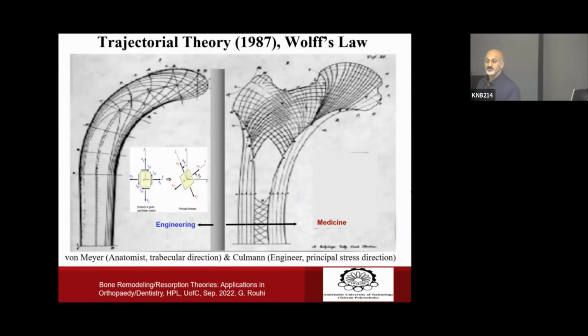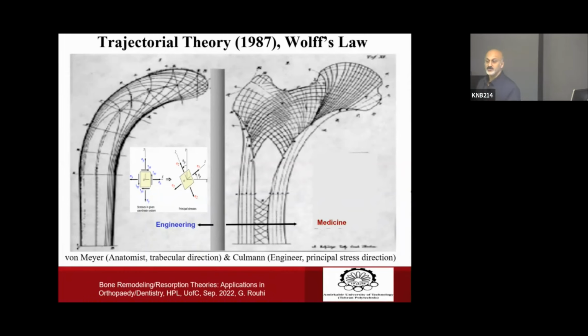These sensors would sense mechanical stimulus at the location of each osteocyte. Mechanical stimulus will be sensed. Then there will be some signals to osteoclasts for resorption, to osteoblasts for formation. At the end of the day, a new geometry in three-dimensional space.